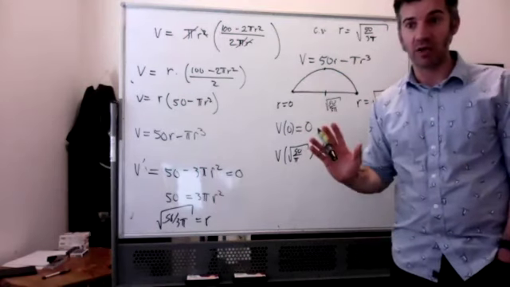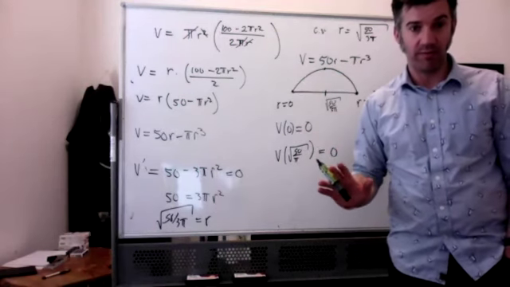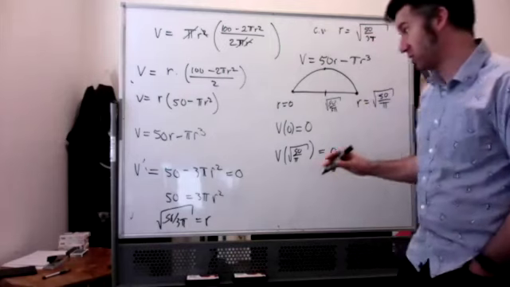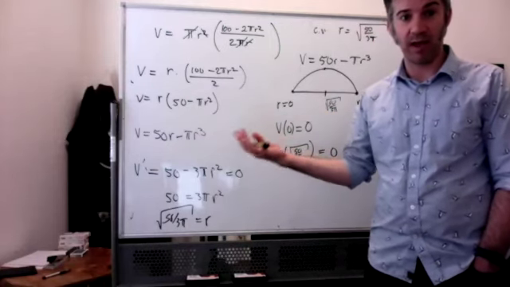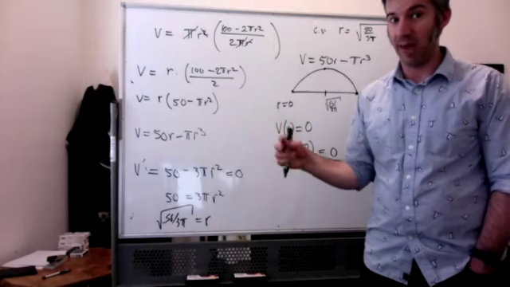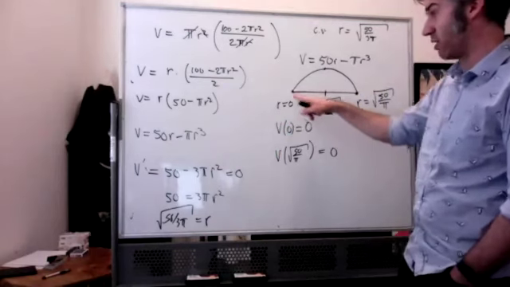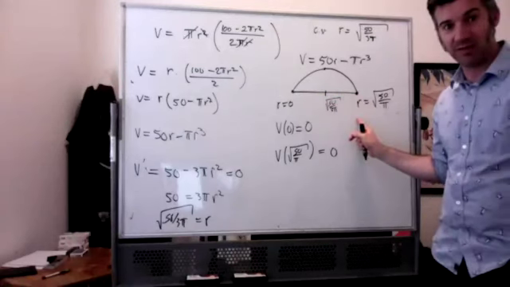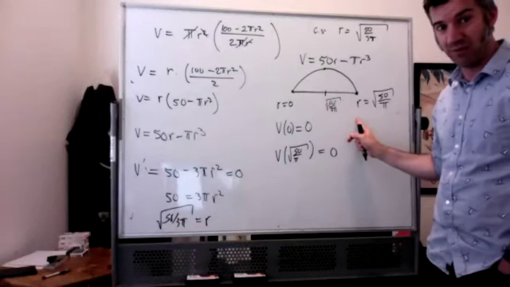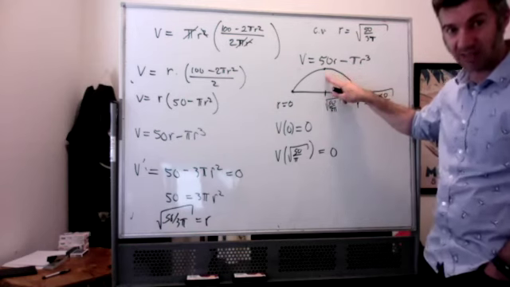And the extreme value theorem says if a function is continuous on a closed interval, it has to achieve its absolute max and absolute min, and they happen at either the critical values or the endpoints. Well, the endpoints can't be the maximum because they're both having a value of 0. And the middle thing has a positive value.